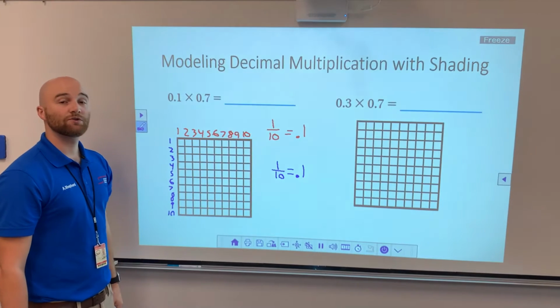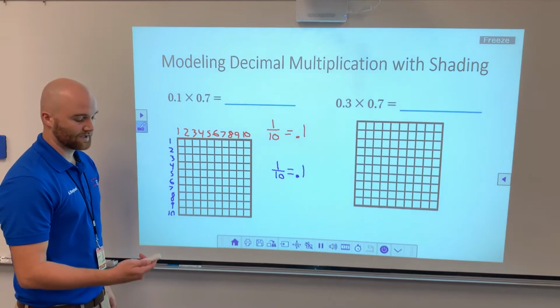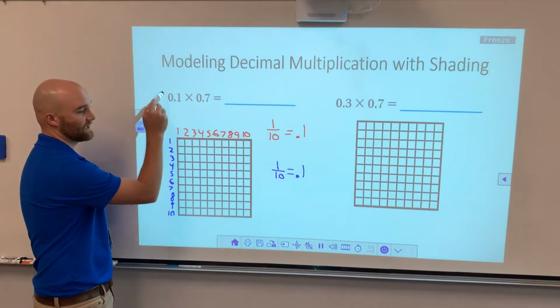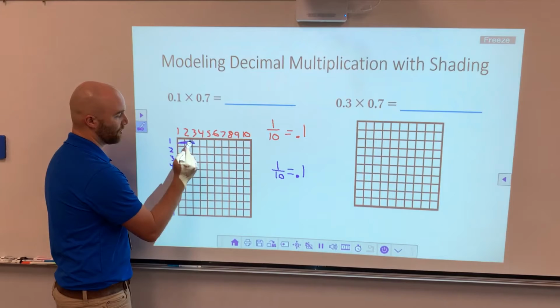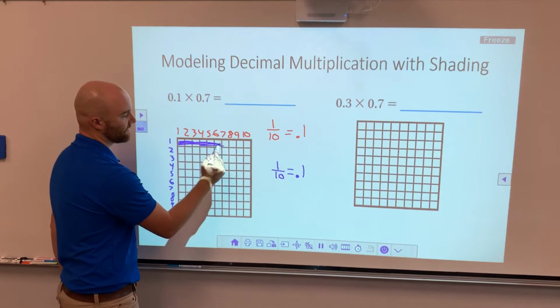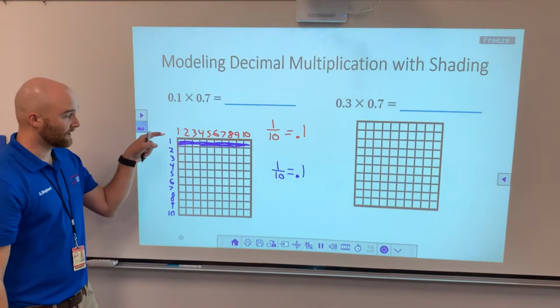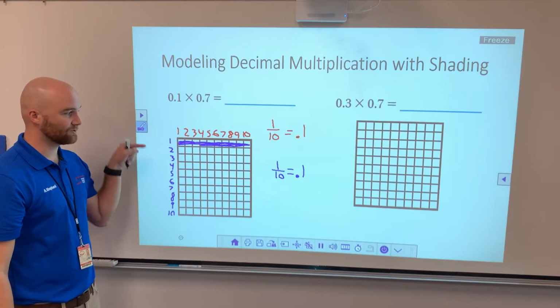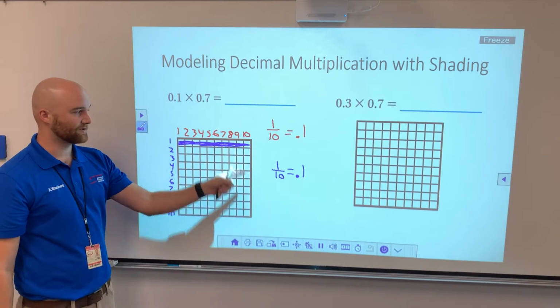I'm going to choose to shade in a row here, just because it'll help us later on. So I'm going to shade in one whole row, all the way across. That's 1 out of the 10 rows that I would need to make an entire hundredths square.